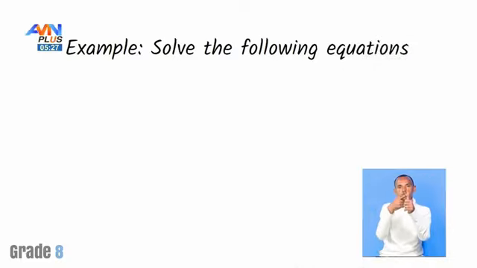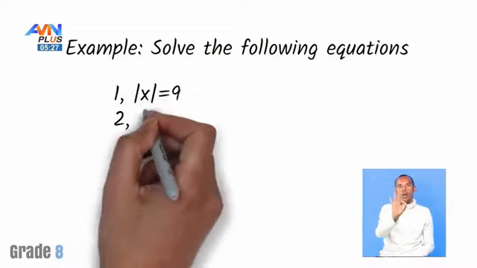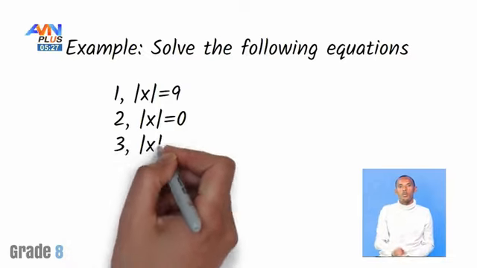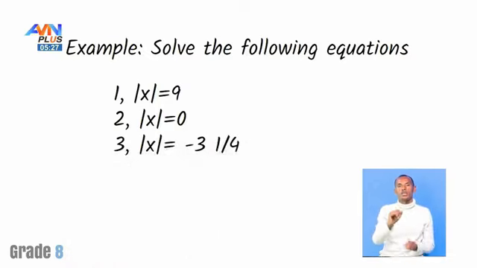The first one, absolute value of x is equal to 9. The second one, absolute value of x is equal to 0. And the third one, absolute value of x is equal to minus 3 and 1/4.